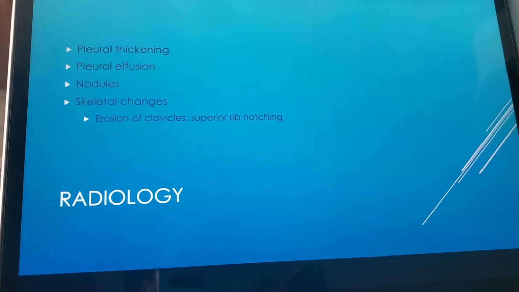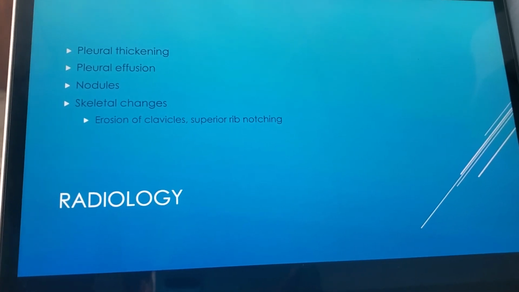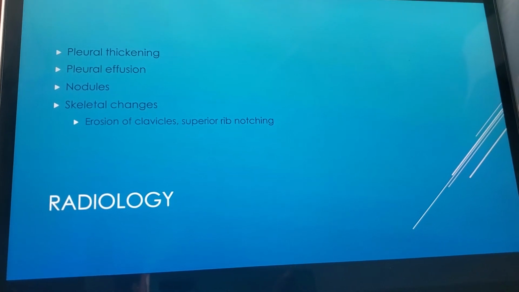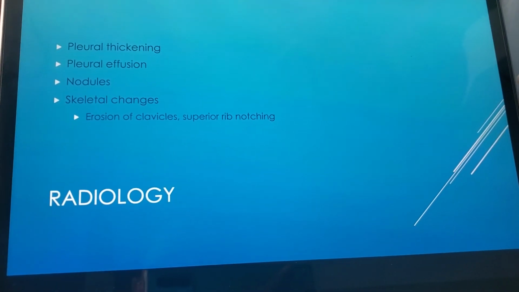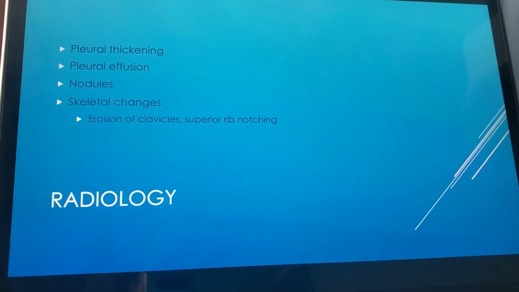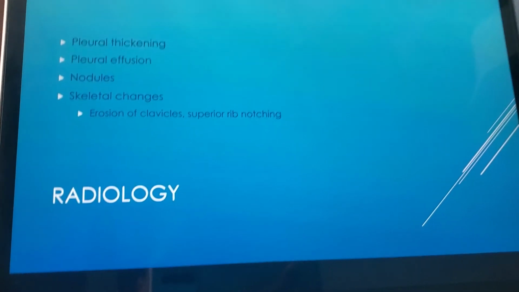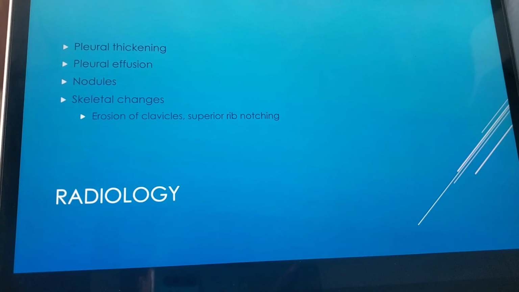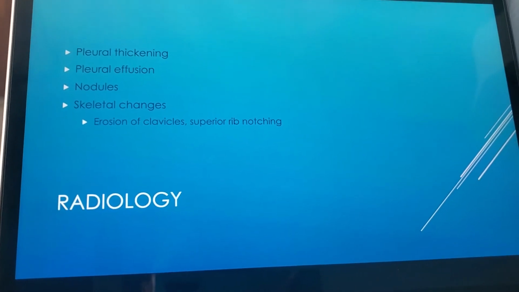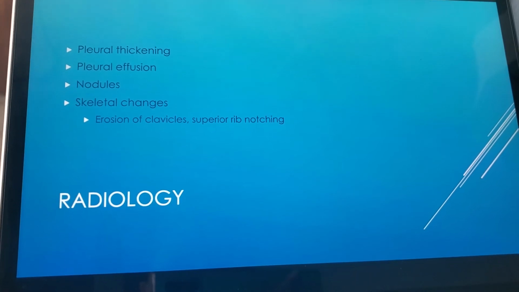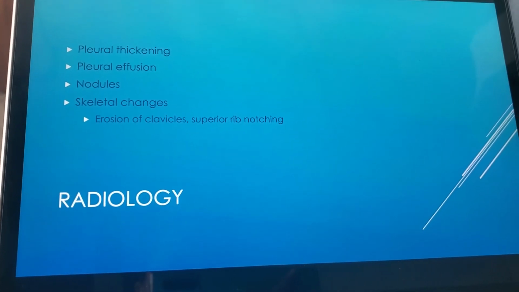You might see some nodules, which could maybe be a clump of those immune cells. And then you might see some skeletal changes, just like we talked about in the joints of the fingers. Rheumatoid arthritis can affect the joints of the chest, so you might see some erosion of the clavicles and some superior rib notching.